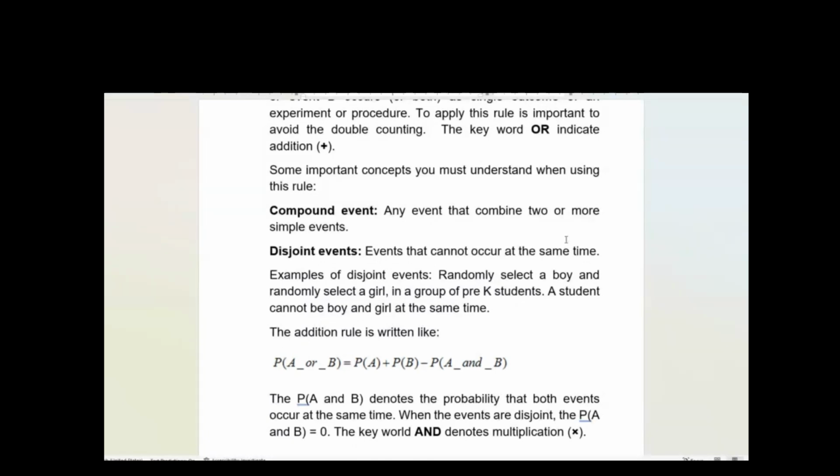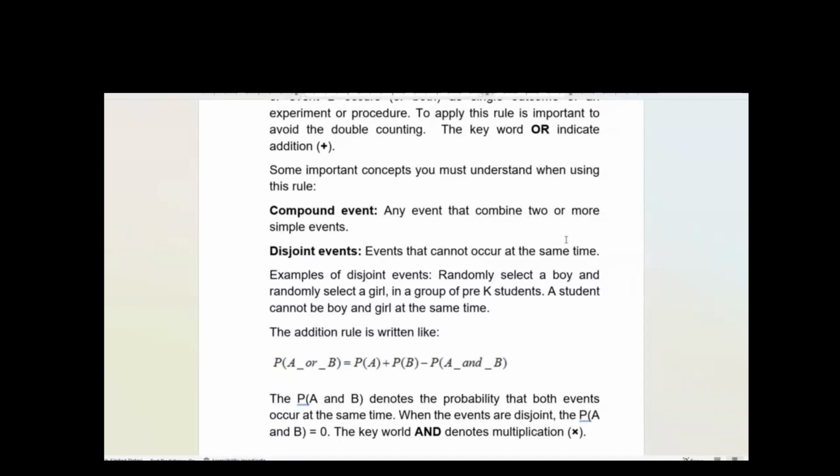These are events that cannot occur at the same time. Which are examples of a disjoint event? Randomly selecting a boy and randomly selecting a girl in a group of pre-K students, because a student cannot be a boy and a girl at the same time.